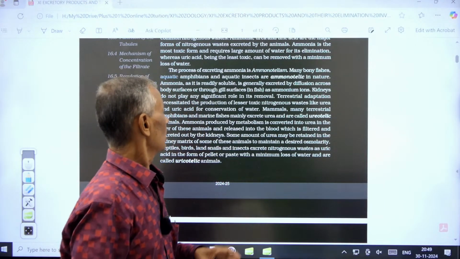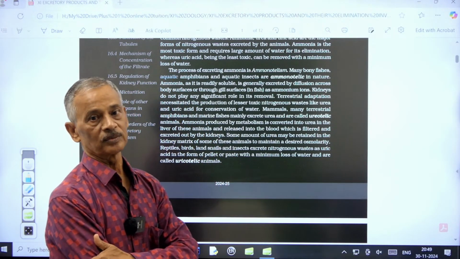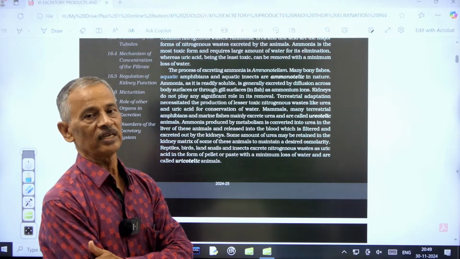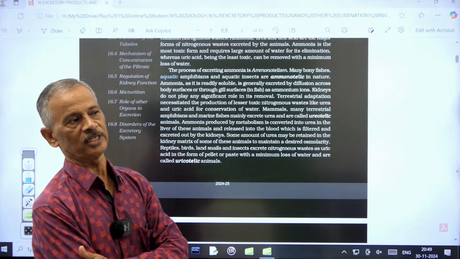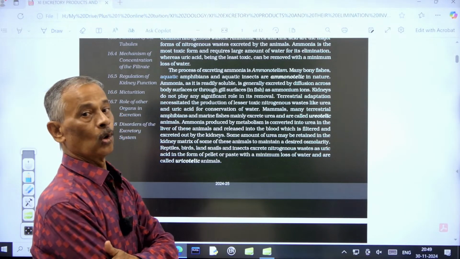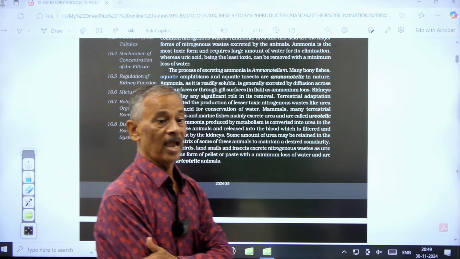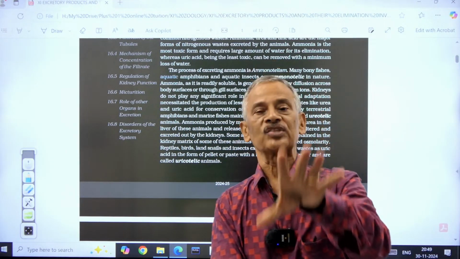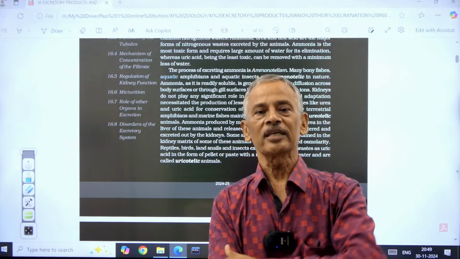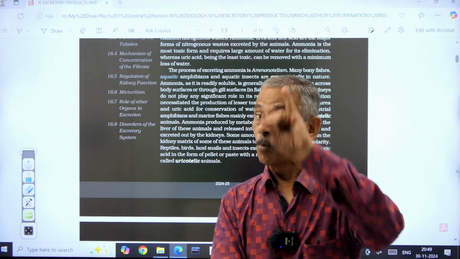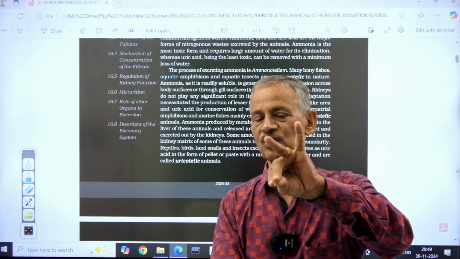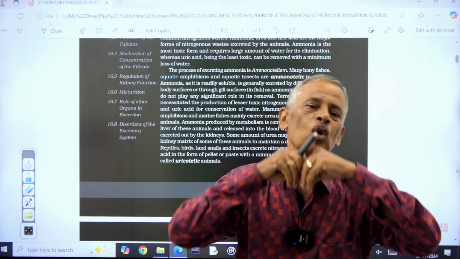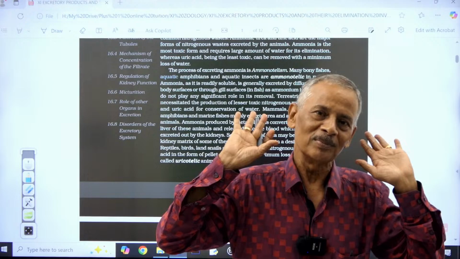Okay, so these are the three main mechanisms seen among animals to send out nitrogenous waste material. So uric acid is having one more advantage. What is that? It is least toxic among the three chemicals. Ammonia is the most toxic, urea less toxic, uric acid least toxic. So even if the uric acid is not sent out of the body, no problem.